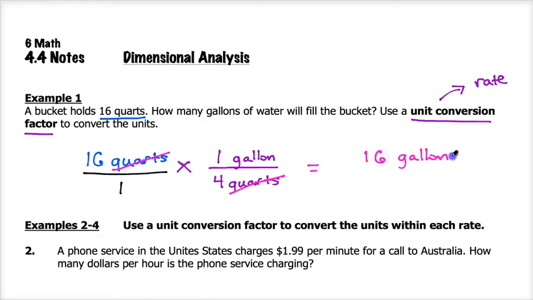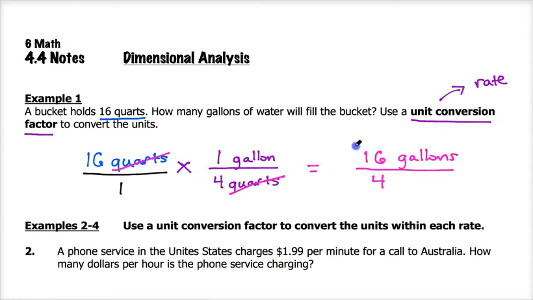So I have 16 gallons in the numerator over 1 times 4, which is 4. So 16 over 4 gallons is what I end up with. And we know that 16 divided by 4 can be simplified, and we just get from there 4. So the answer here is 4 gallons.